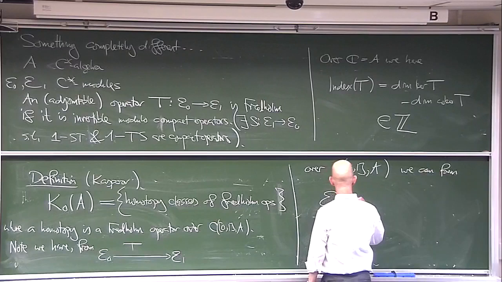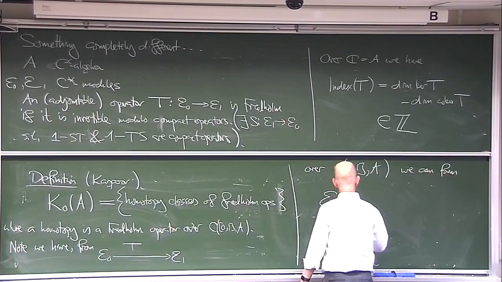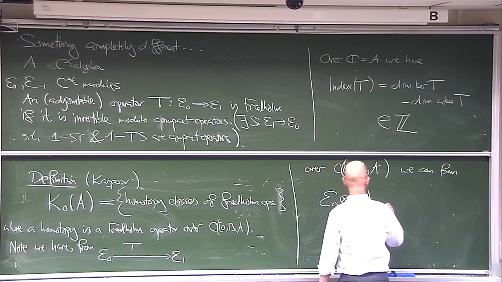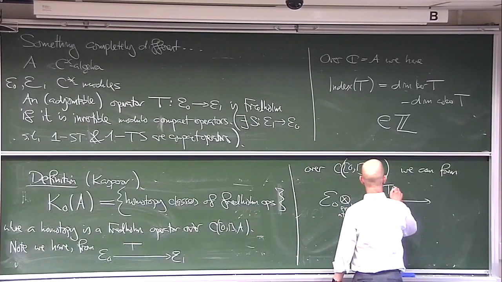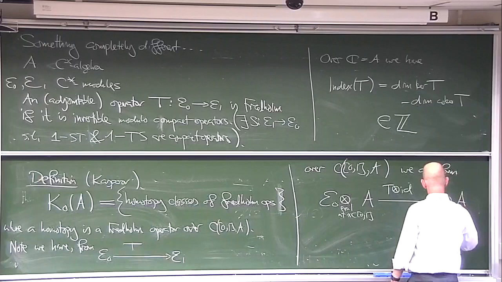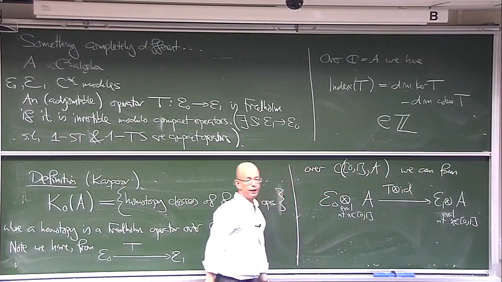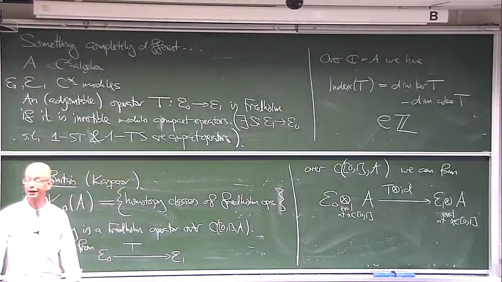So what I can do is tensor here with evaluation at any point x in the interval [0, 1]. A is a C-star module over A, I already explained that.